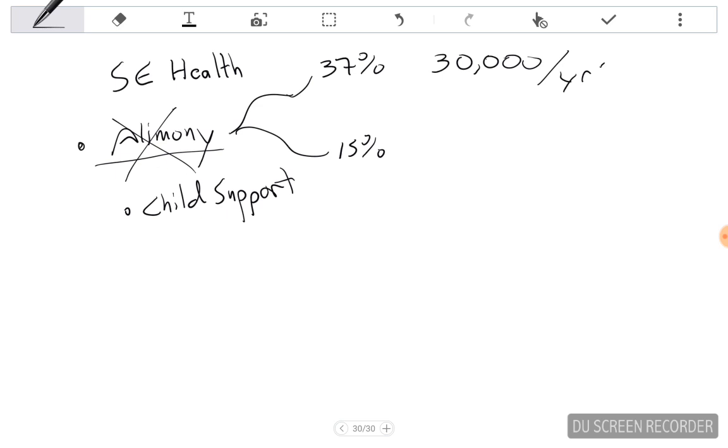But now, say that number was based on how much the ex-spouse could afford. Well now, if he can't take a deduction for it, he effectively can only afford to pay two-thirds. Okay, and why is that? Well, before he was able to get a tax benefit, which afforded him about one-third of every dollar.